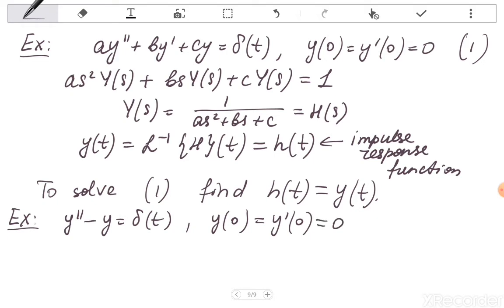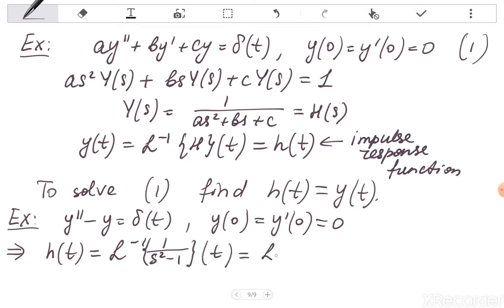And in this case, h of t is the inverse Laplace transform of 1 over s squared minus 1. This is the transfer function at a point t.